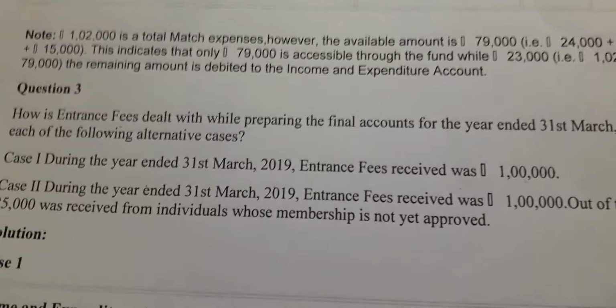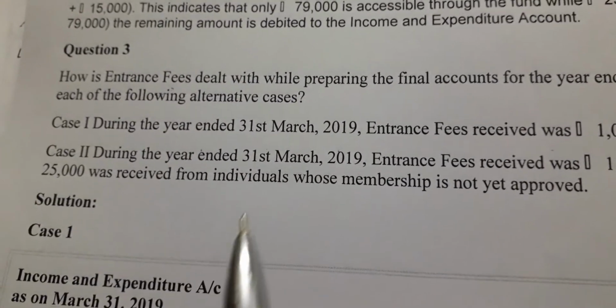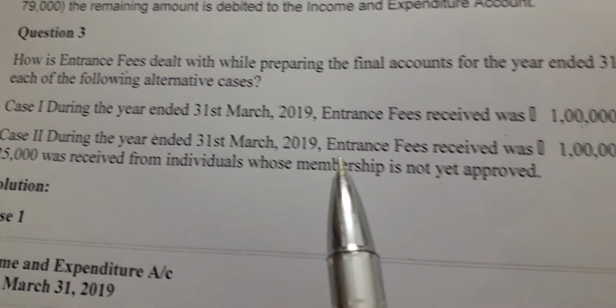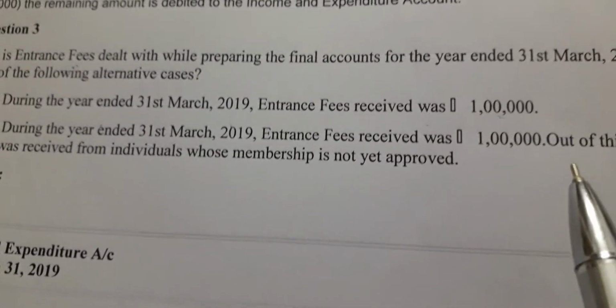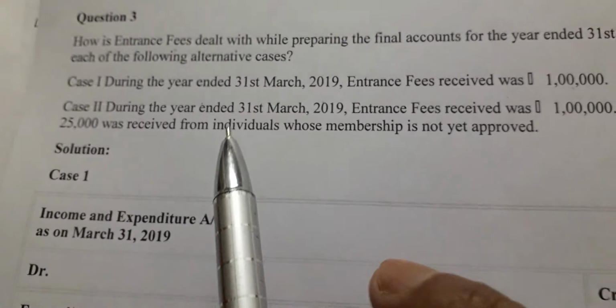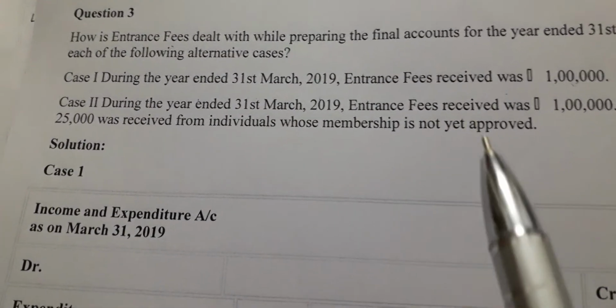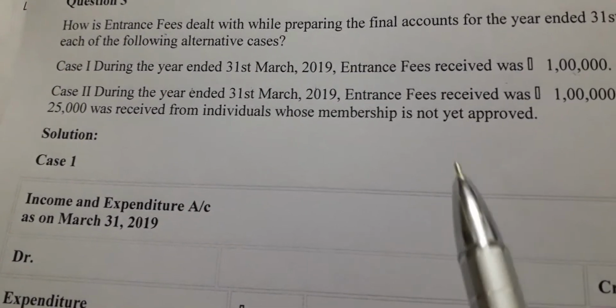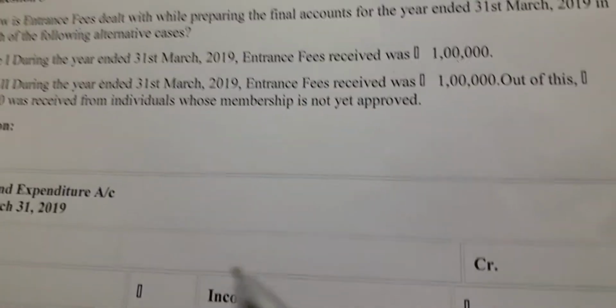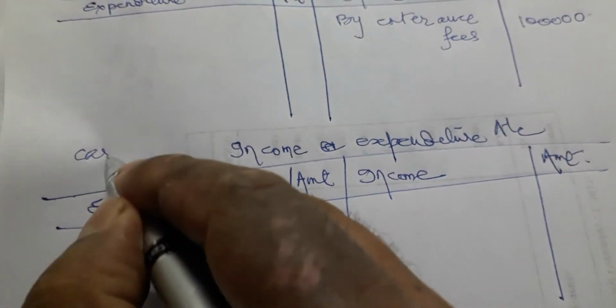Now case number 2. During the year ended 31st March 2019, entrance fees received was 1 lakh. Out of this, 25,000 was received from individuals whose membership is not yet approved. So again, on the income side of the income and expenditure account, this is case number 2.